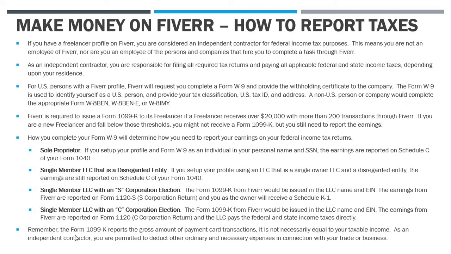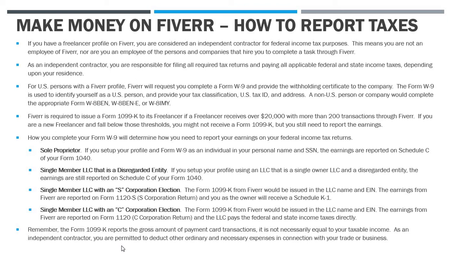Okay. Now, this last point here, very, very important to remember also. The 1099-K, all it does is report the gross amount of payment transactions. That is it. There is no detail about what your actual net income or profits are. So when you get the 1099-K, that might be the gross amount of revenue you have, but remember, you have other trade or business expenses that you can deduct in computing your net taxable income.